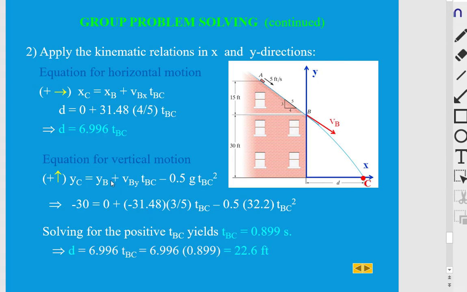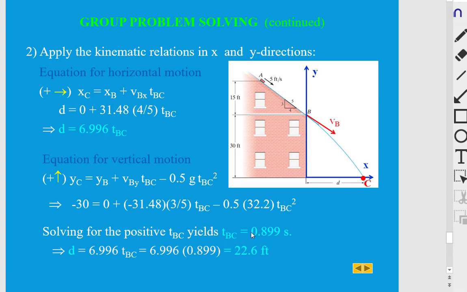Plugging into the equation of motion for the vertical motion, y equals yB plus the vBy component, you have to be careful what we are plugging in here. This is vBy. Then you have an equation with one unknown, which is tBC.